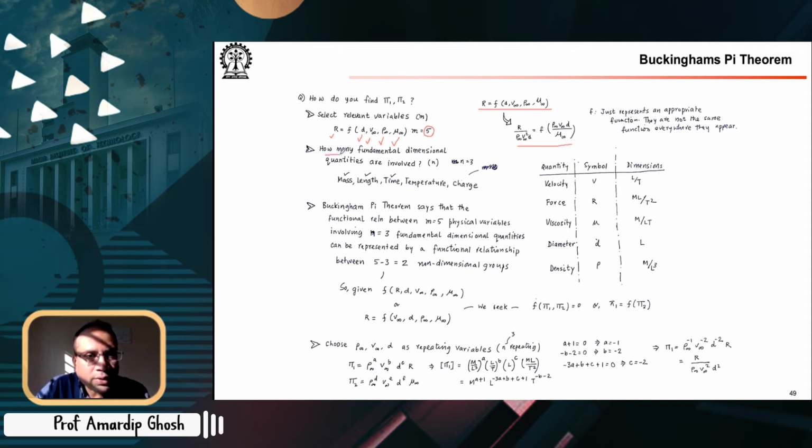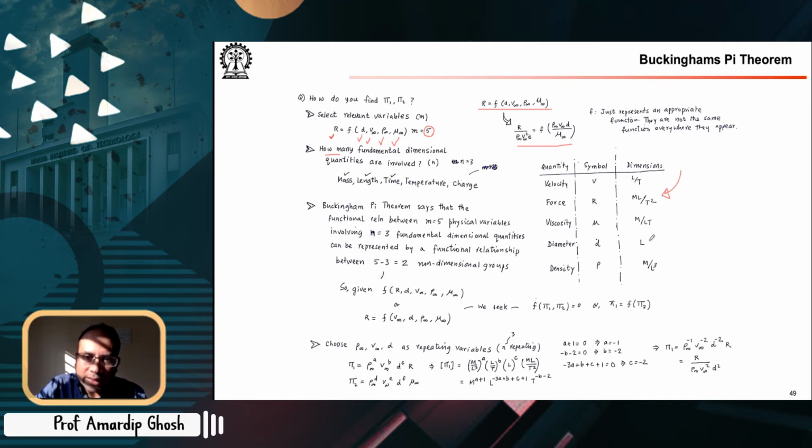First you find the relevant variables and you form a functional relationship such as this. Then, how many fundamental dimension quantities are involved? When we talk about fundamental dimensional quantities, we are talking about mass, length, time, temperature, and charge. In this problem, if you look at this table, velocity is L by T, length by time.